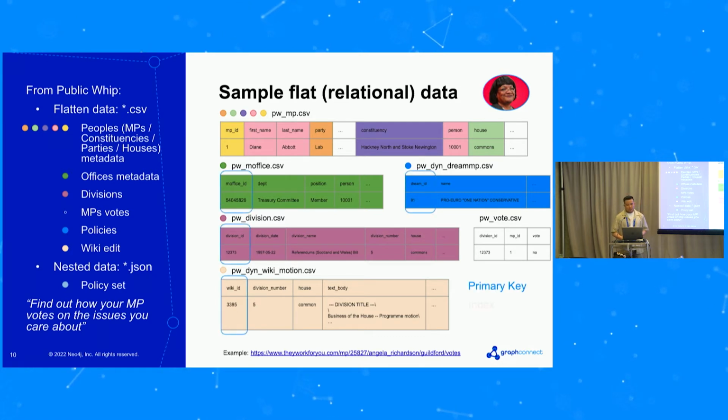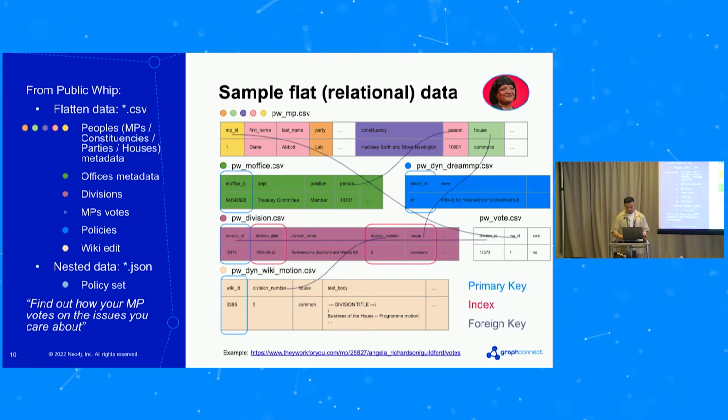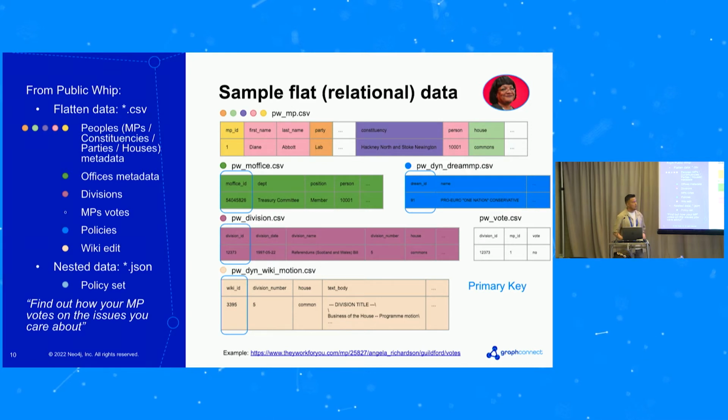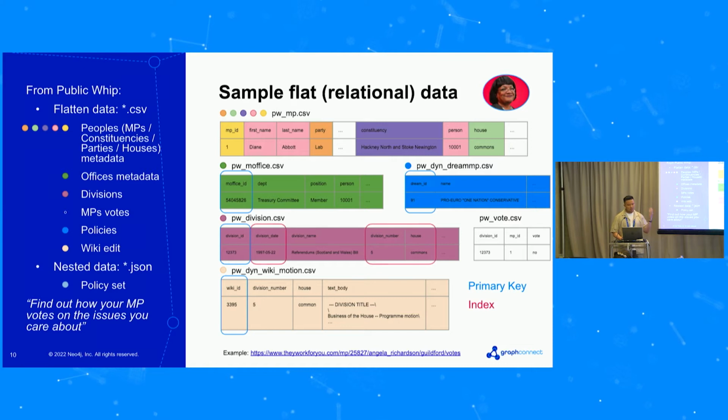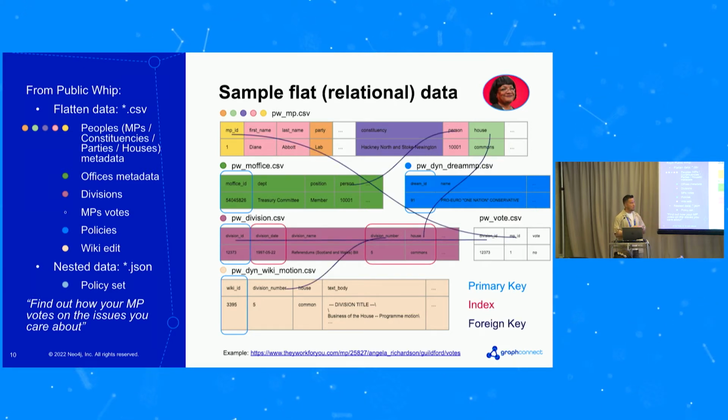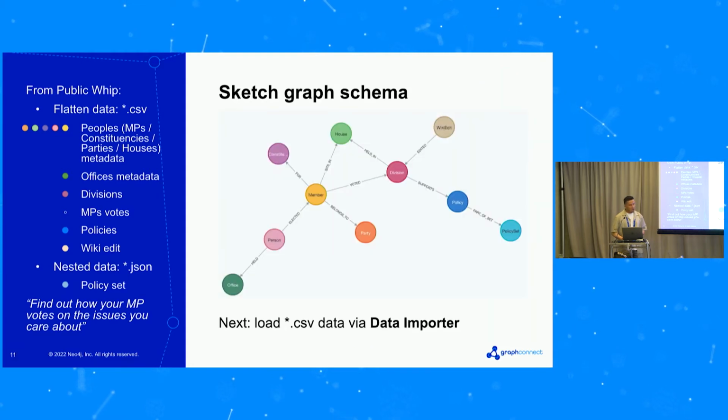In relational database thinking, you may know each table has a primary key, which identifies each row as unique, and it has an index, and it has foreign keys to link the tables together. So we can sketch out our graph schema like that.